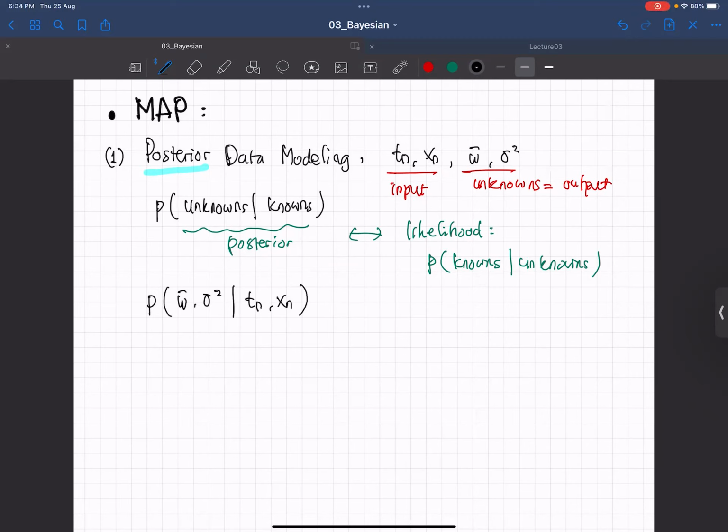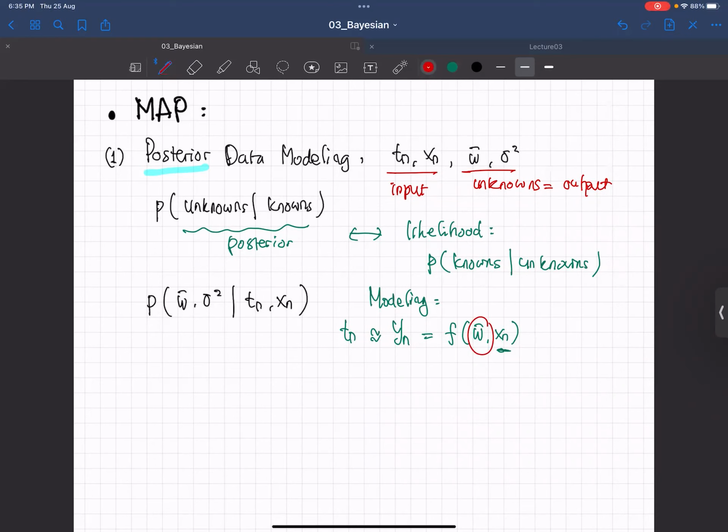Now we know that in our modeling, we use Yn to represent the output. This one has to be the same as much as possible to Tn. And Yn is the representation of the curve, the red curve, underlying the data that we want to find, the line fitting. And we know that this is a function of W bar and Xn. Because Xn is always known, we don't really bother about Xn. What we want to know again is W bar.